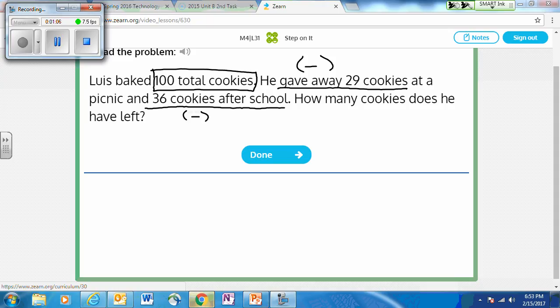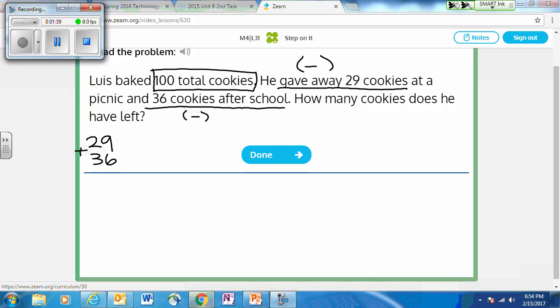Okay, we need to add together the two groups of cookies that he gave away to his friends after school and at a picnic. So we are given two numbers, 29 and 36. Now, the story problem tells us that he gave those cookies away, but because we're wanting to get a total number of cookies he gave away, we're going to add those two numbers together.